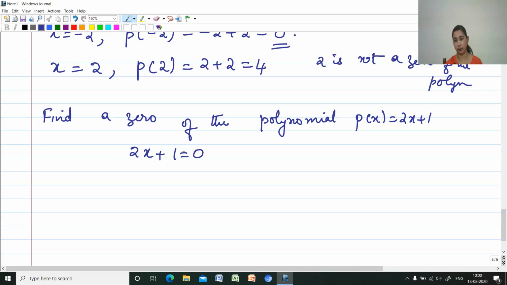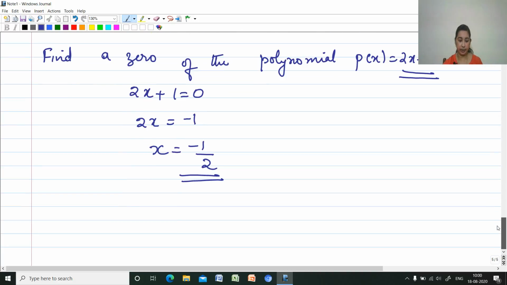So that becomes 2x is equal to, taking the plus 1 to the other side, minus 1. And that is x is equal to minus 1 by 2. So x equal to minus 1 by 2 is a zero of the polynomial 2x plus 1. That means if I put x equal to minus 1 by 2 in this polynomial, I will get it as 0. So that's the meaning of that.